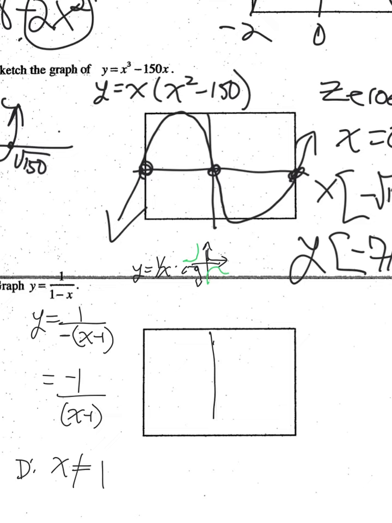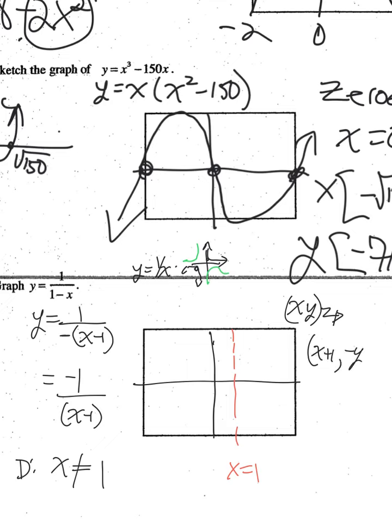So when I graph this, I know that I'm going to have a vertical asymptote at x equal to 1. And then I'm going to do a mapping with this. That mapping would take any point x, y on the original over to the point x plus 1, because I'm shifting it 1 to the right, negative y.